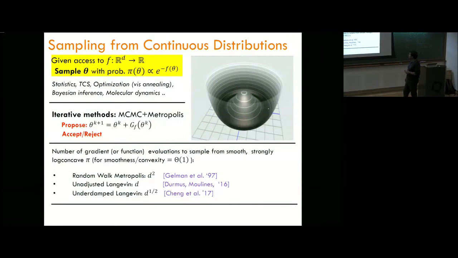I'm not going to be able to go into these methods, but what I'm interested in understanding is that suppose not only is the function convex, it's also well conditioned. And what that means is, suppose it's a smooth function, which means that the Hessian exists at every point, and the Hessian is positive definite because the function is convex, or positive semi-definite. But suppose you also know that the smallest eigenvalue of the Hessian and the largest eigenvalue of the Hessian are bounded.